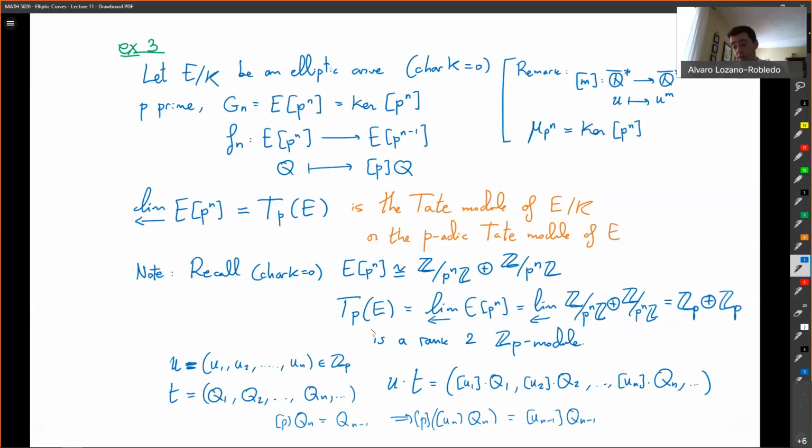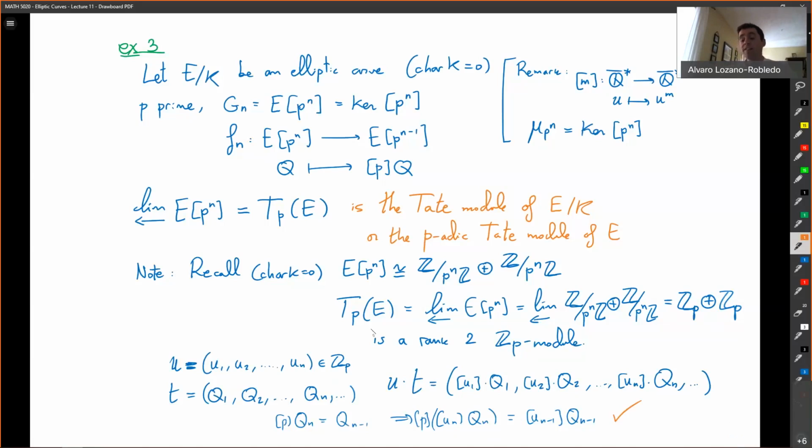So first you can say p times Qn is Q(n-1), and then Q(n-1) is a point of order p to the n minus 1 at most. So what you multiply with is going to run modulo p to the n minus 1. So un is congruent to u(n-1), and those two things are equal. Okay, and that makes the action well defined. So that's the action of Zp on the Tate module of an elliptic curve.